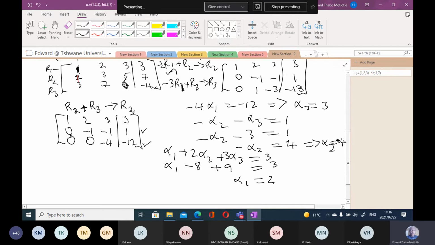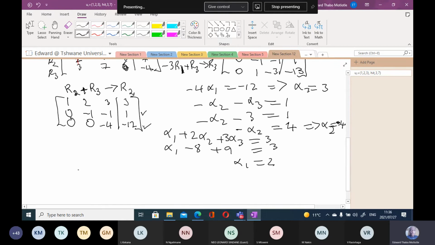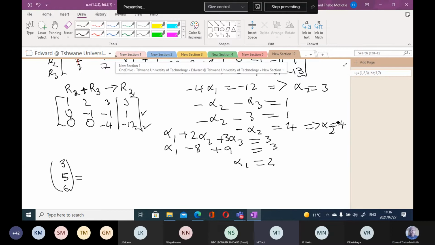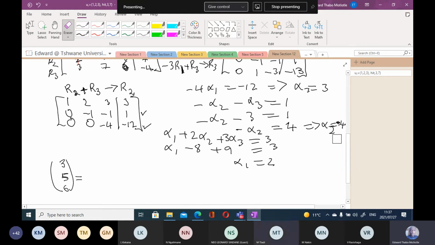It means that now we can write our given 3, 5, and 6 Sir, is equals to, hello? Aren't you gonna multiply that -4 with alpha 3? Yes, you multiply. That -4 is not -4 times alpha 3. It's alpha 2. I said this is alpha 2. Okay. Is it okay? I was solving for alpha.